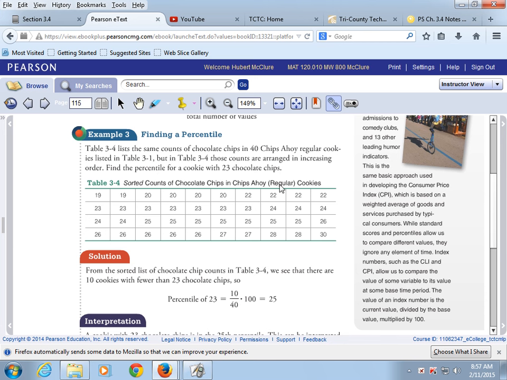So 22 is your 18th percentile, or whatever one we're looking for. And that's how you do the percentile to the number. Again, is it important? Well, you might have one question on the test about the percentiles versus 4 or 5 about the box plot. So let's get to box plot.